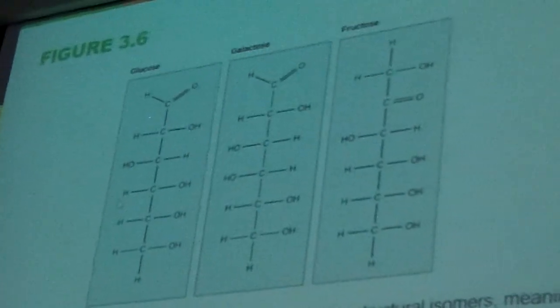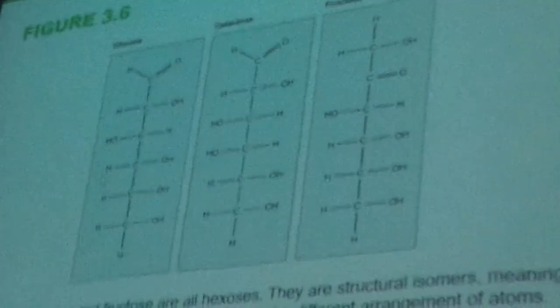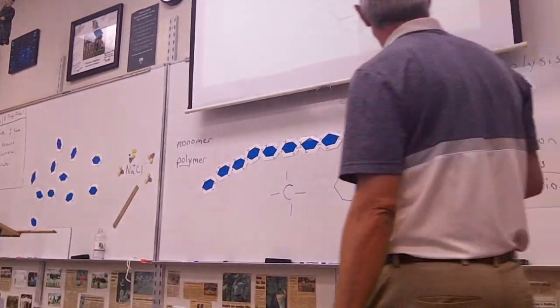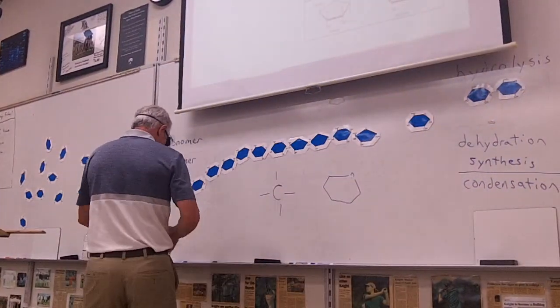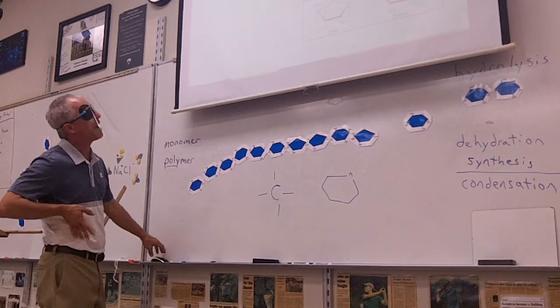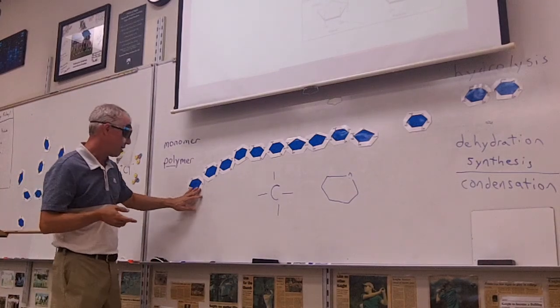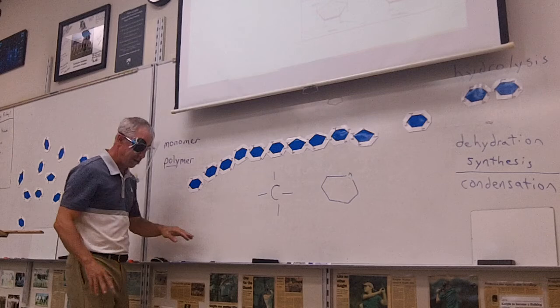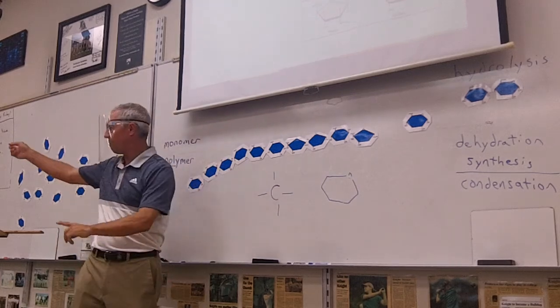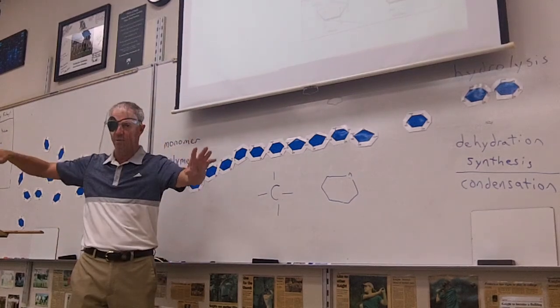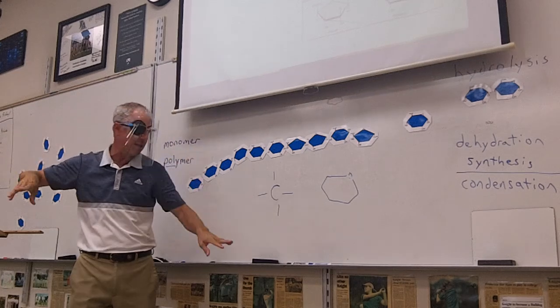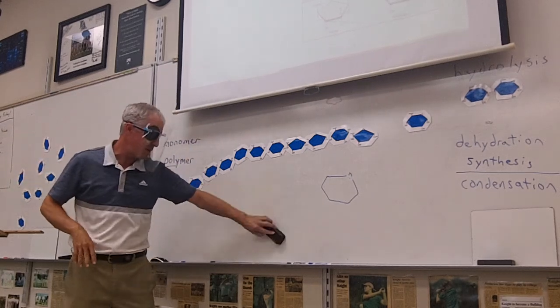All 3 of these molecules have the formula C6H12O6, which means they're isomers. They're the same formulas. Now, I have models here, and notice I have them on every board. We're going to be going over to the boards, and I'm going to have you identify these. We're going to do that tomorrow.